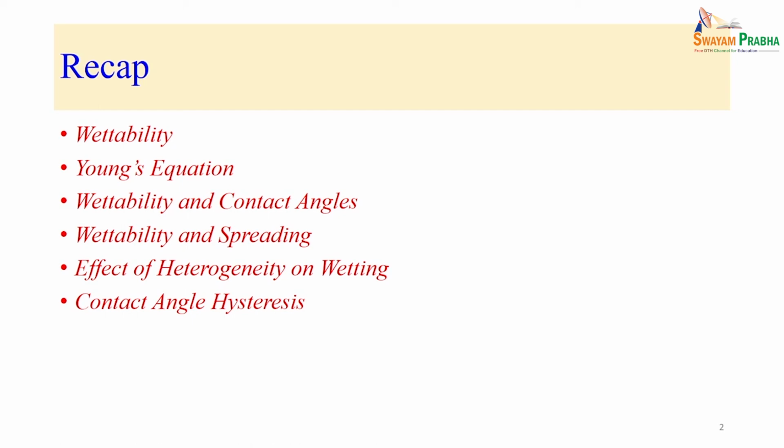So, in today's lecture we will start with what adhesion is and what cohesion is. Followed by that we will see the interaction between two liquids, that is a sort of cohesion, and then the solid-liquid interface, the adhesion.